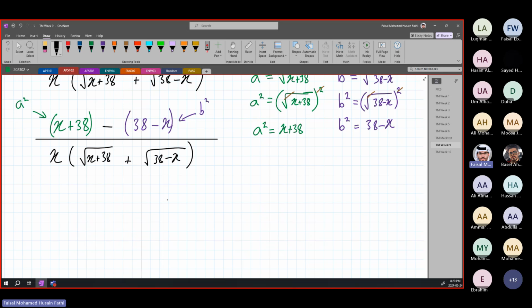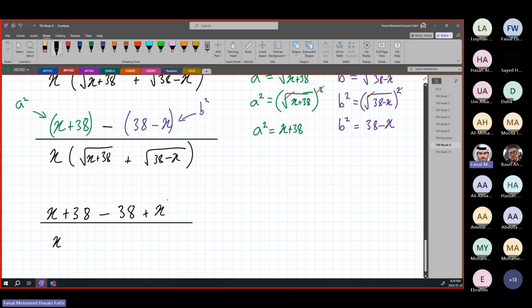Now we can simplify the top. So x plus 38 minus, we distribute the minus, so it becomes minus 38, and minus becomes plus x, over. At the bottom, we do not touch it. We keep it as it is, plus the square root of 38 minus x.